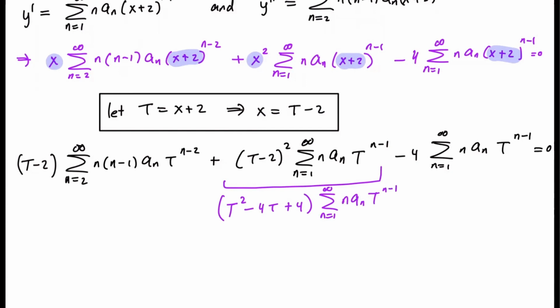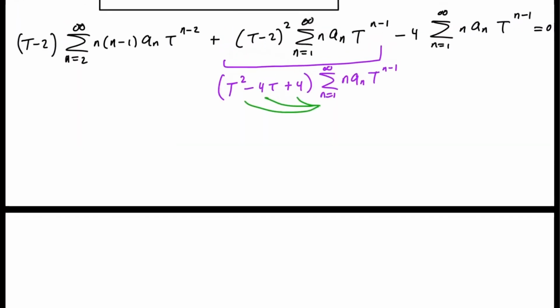And now I'm going to go ahead and distribute my sum to each of these terms. So again, pay attention only to the middle term here. So if I distribute, here's what I'm going to get. I have t squared times the infinite sum, starting from 1 to infinity of n times a sub n, t to the power of n minus 1.